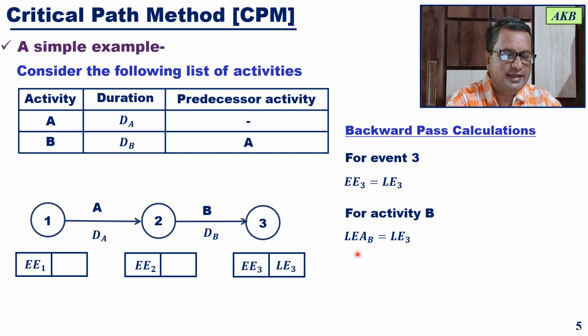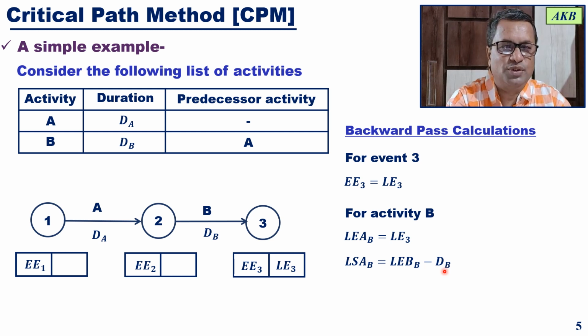Once the latest end time is known to you, you can calculate the latest start time for that activity. So the latest start time for activity B is equal to the latest end time for activity B minus its duration.